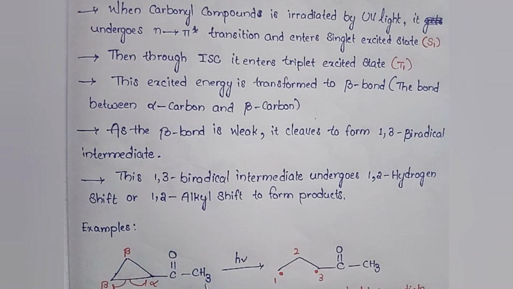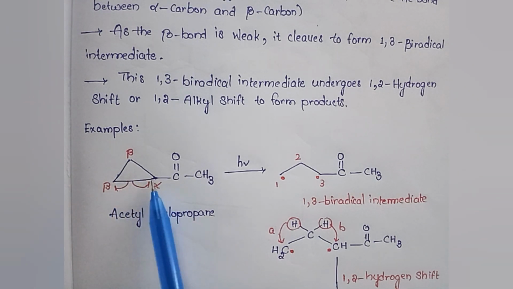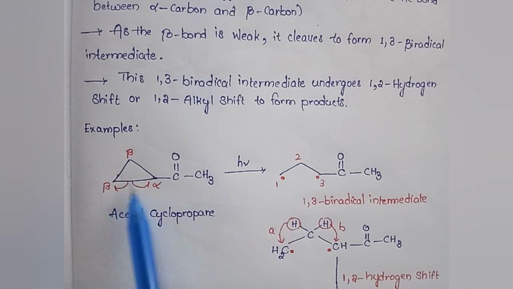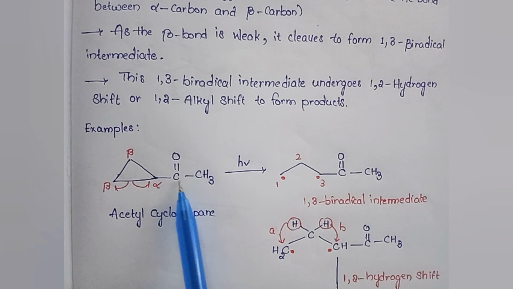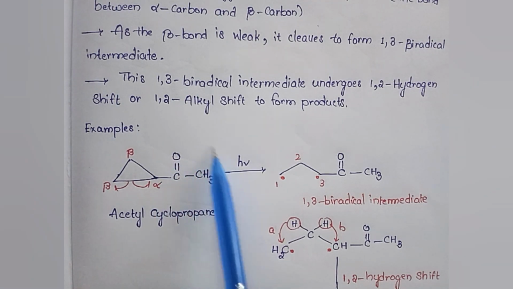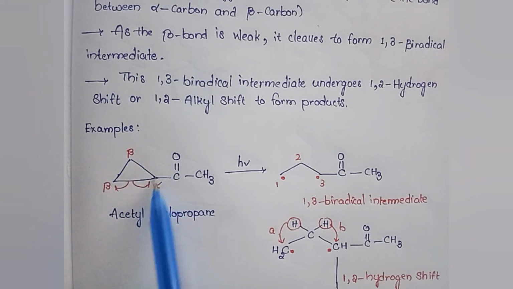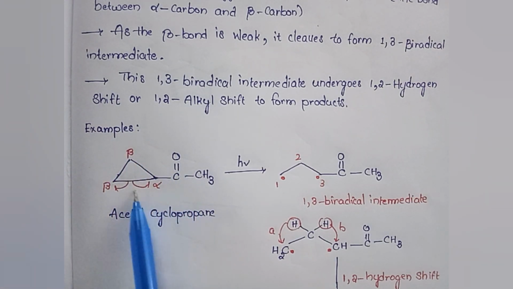Let's consider an example. This is acetyl cyclopropane. This is the cyclopropane ring, and this is the carbonyl group, that is the functional group. This is CH3, so this is the acetyl group and this is the cyclopropane ring.